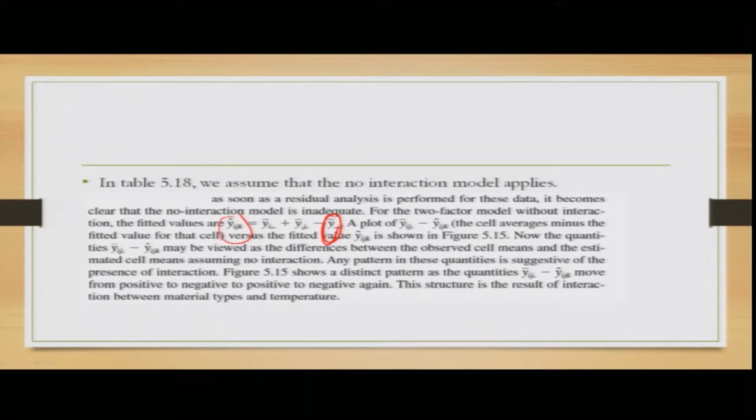This structure is the result of interaction between the material and the temperature, or factors A and B. Even though the interaction is present, we may try to ignore it, but the results would not support that ignoring it would give you the best answer.